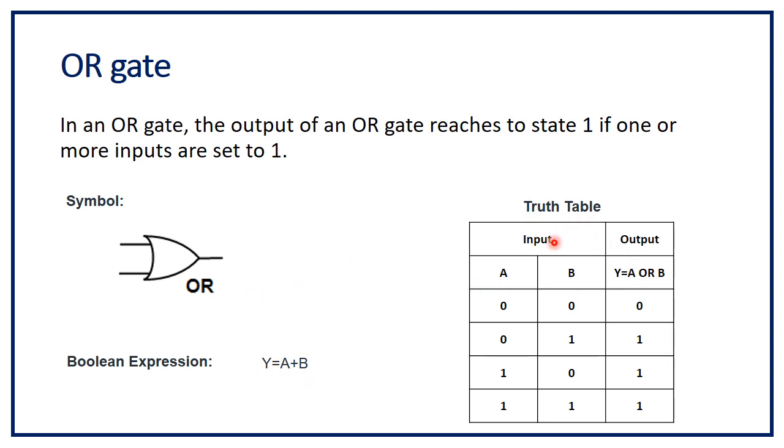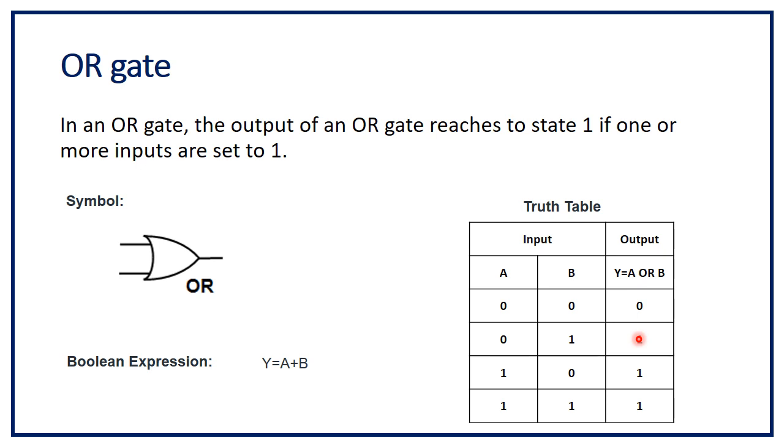Truth table. Input, output. OR gate has 2 inputs, input A, input B, and 1 output. Y is equal to A or B, or we can say Y is equal to A plus B. 0 plus 0, output will be 0. 0 plus 1, output will be 1. See, in this case, B is 1, so output 1.